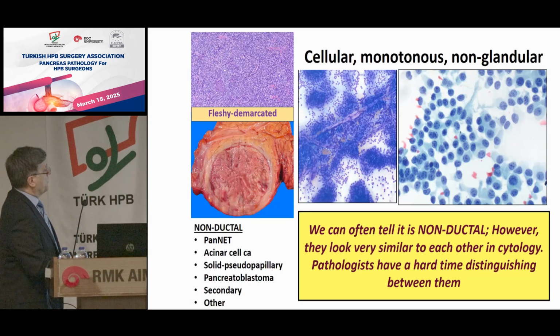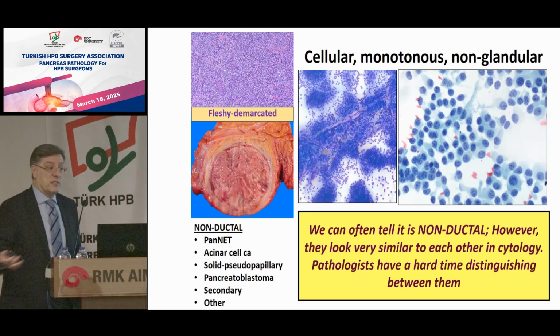Cellular monotonous group, the ones that again form more demarcated, sometimes even encapsulated lesions. For this group, again, the differential is non-ductal neoplasia. We often on cytology can tell these are non-ductal, or we put ourselves into this differential diagnosis. However, there may be challenges in distinguishing between these. We have seen so many of these.